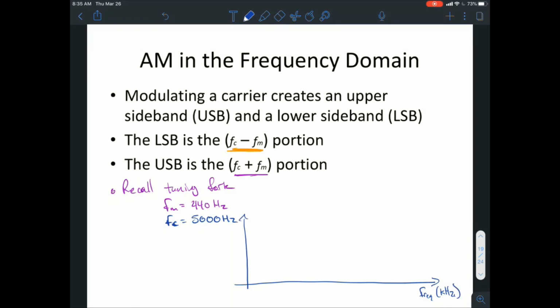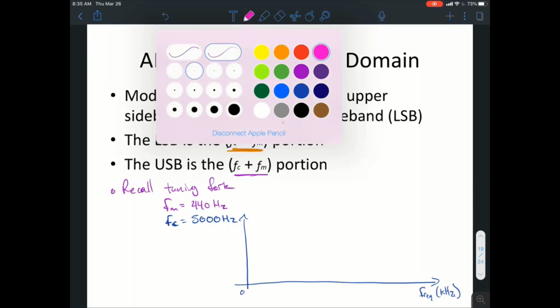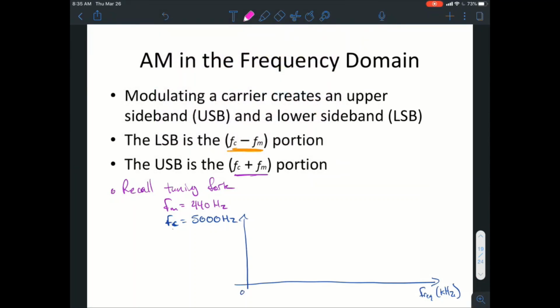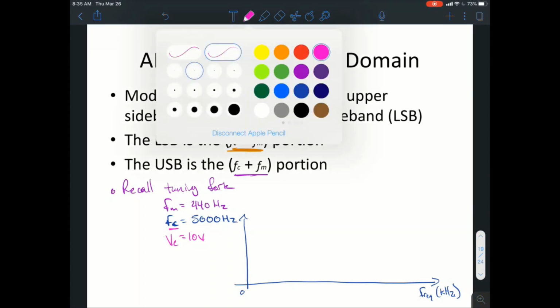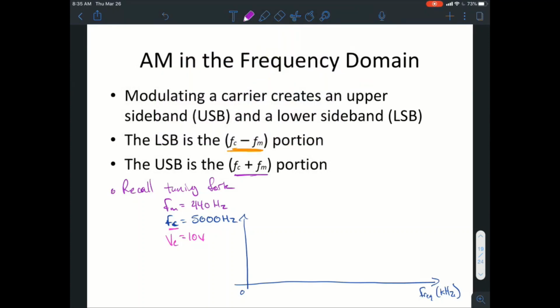We have our magnitude there on the vertical axis, starting at 0. And what we're going to do is plot that corresponding portion for F sub c. If we remember that V sub c in this situation equaled 10 volts, and that our V sub m was equal to 7.5 volts.